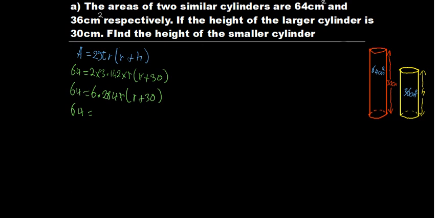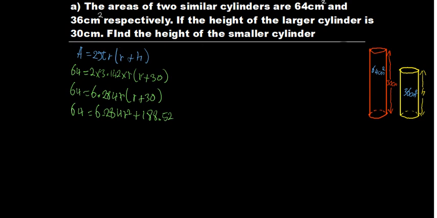So we multiply this by r, what we're going to get is 6.284 r squared, plus then the same value multiplied by 30, what you're going to get is 188.52. Okay, so we're able to see that what we have gotten there is a quadratic, and it's something that we need to work with.